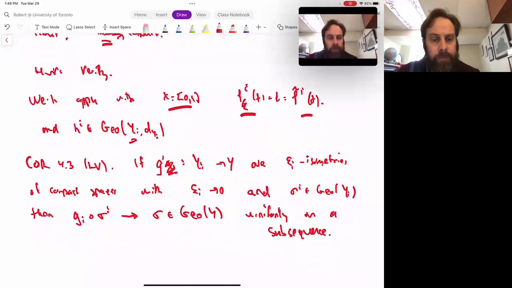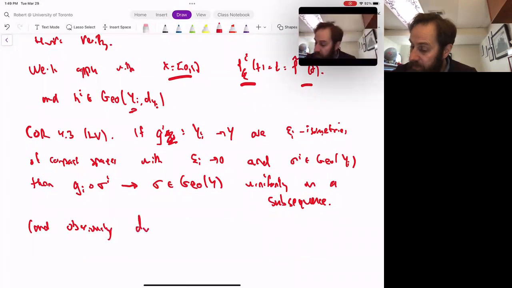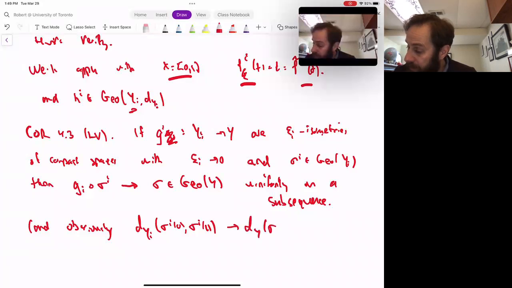Are there questions? And obviously, that's really what I want. And obviously the length, which is the distance in YI of sigma I0, sigma I1, converges to the distance in Y of sigma 0, sigma 1, because these mappings GI are epsilon isometries.